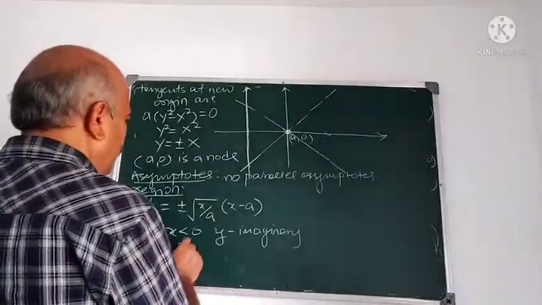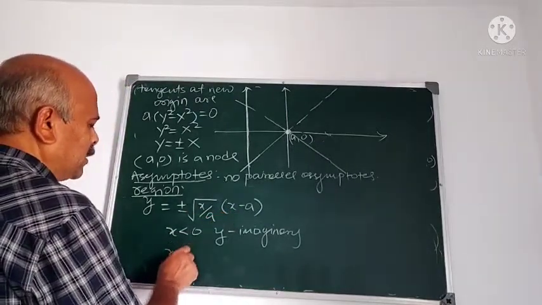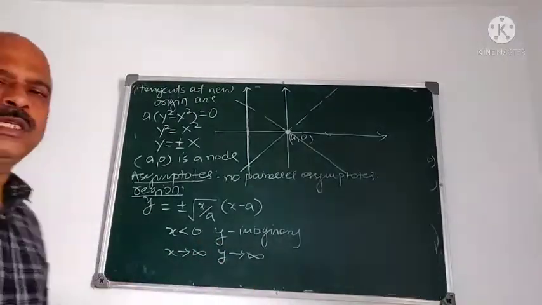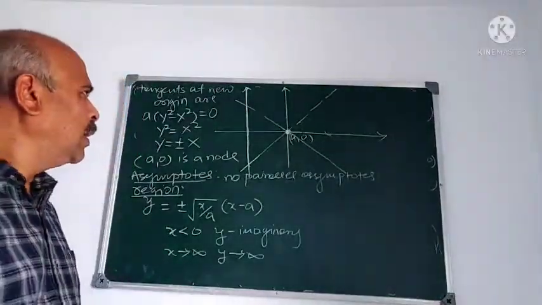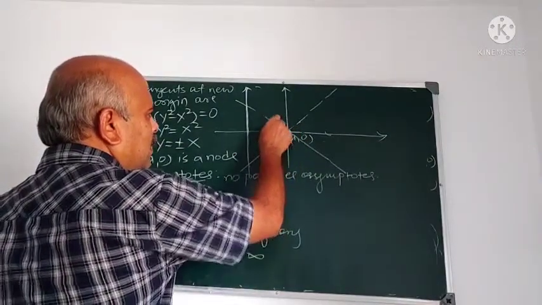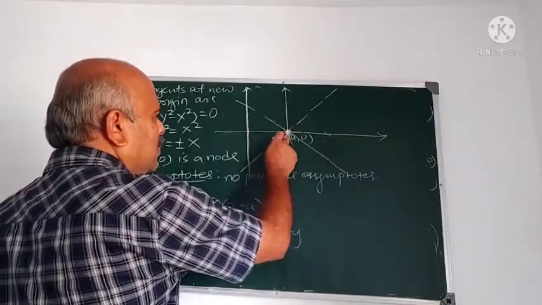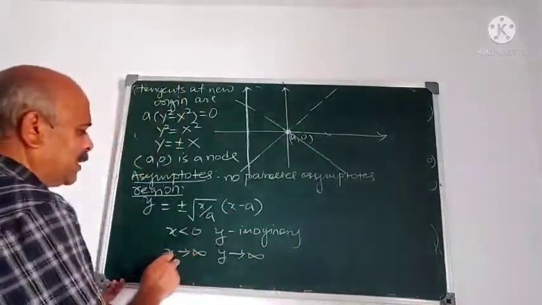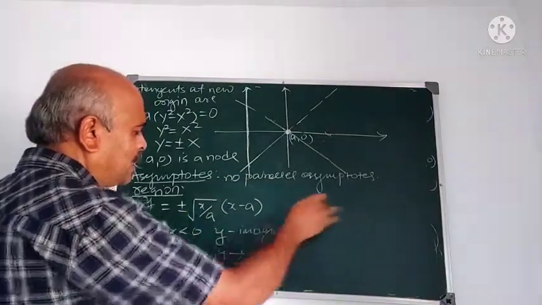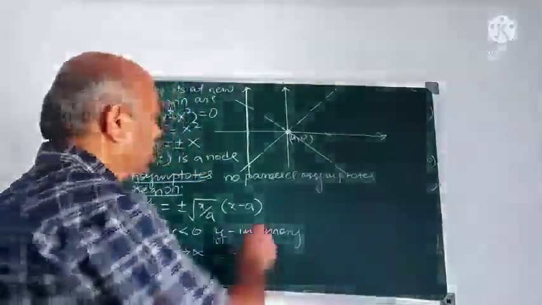And also when x is equal to a, y becomes 0, and as x increases, y also increases. So the curve passes through this point A, and these two are the tangents. In this region the curve lies here and passes through A. After A, that is x greater than a, as x tends to infinity, y also tends to infinity. Now using this, I draw the curve like this.